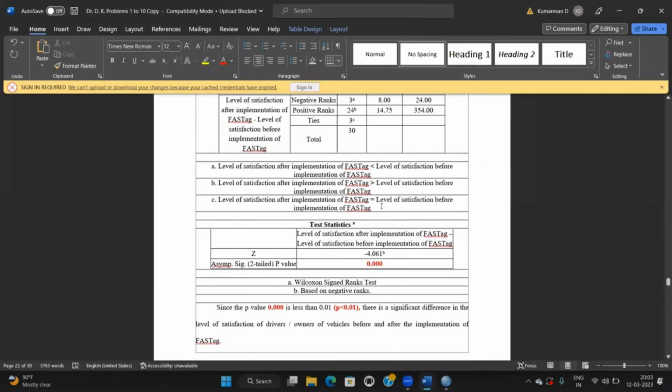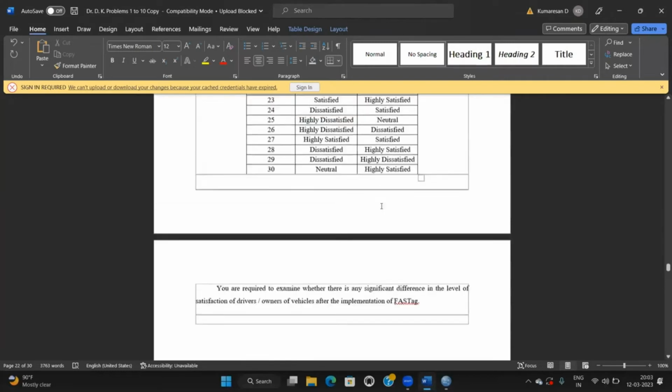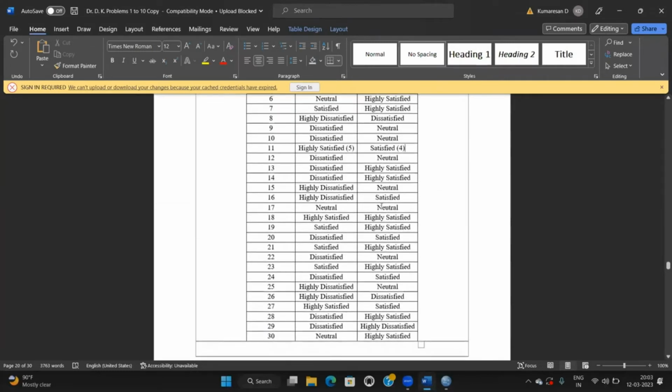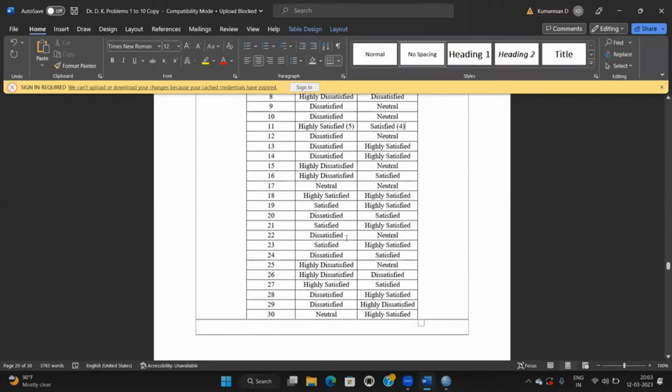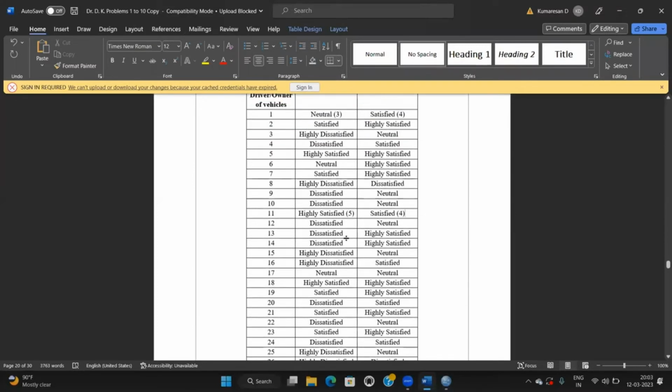Suppose the same level is maintained. For which driver? See here, the fifth one. Before implementation, highly satisfied, so 5.